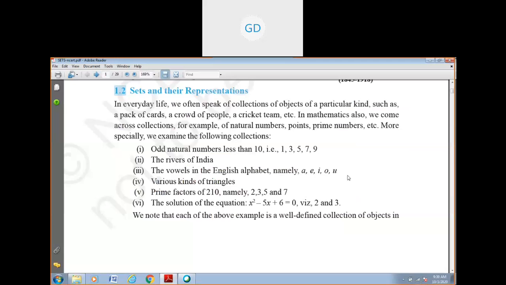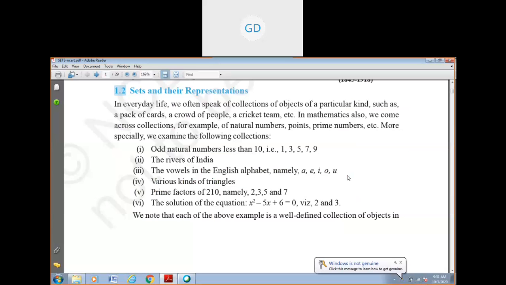Set, literally, the meaning of the term set you are familiar with, and you used to use this term very freely everywhere, like pen set, dinner set, with goods. You are familiar with the uses of the term set.